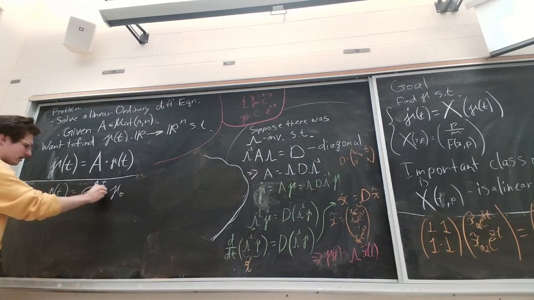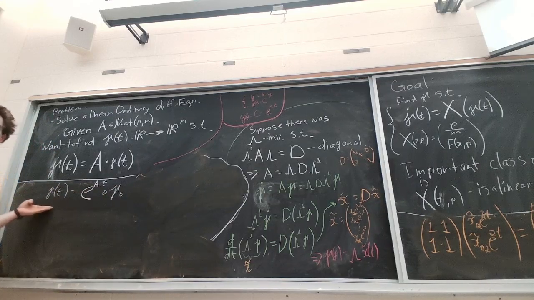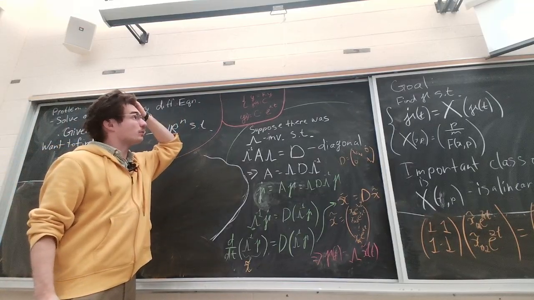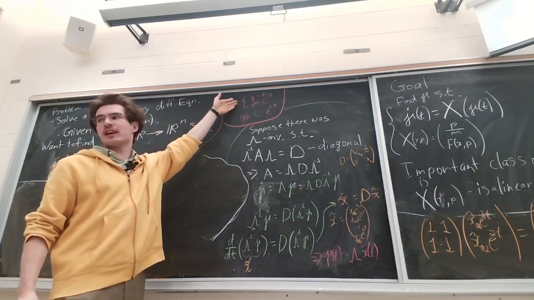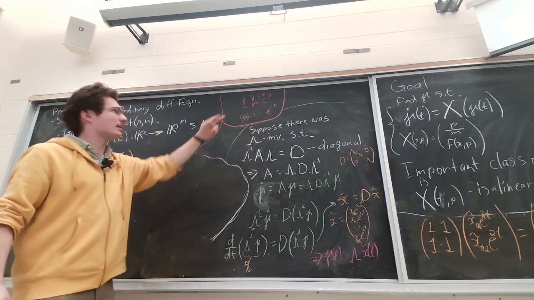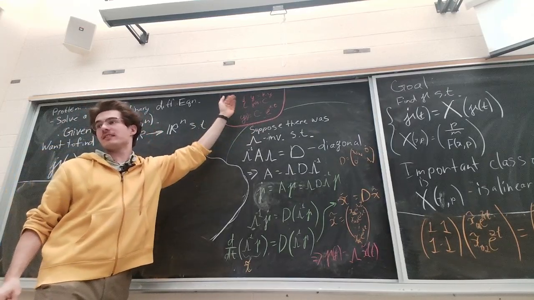I want to write this down because in the one-dimensional case, the solution was e to the eigenvalue times t, because this is a one-dimensional matrix.